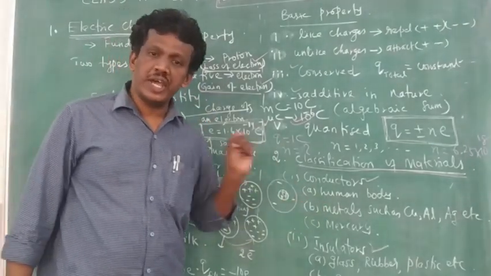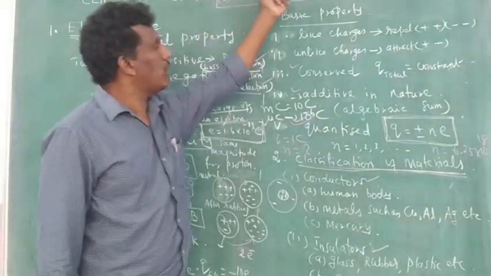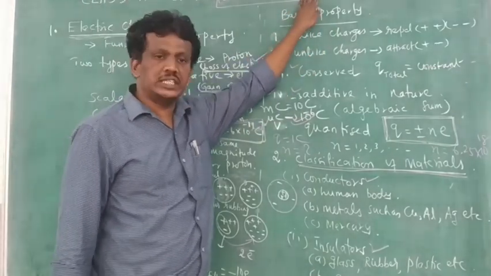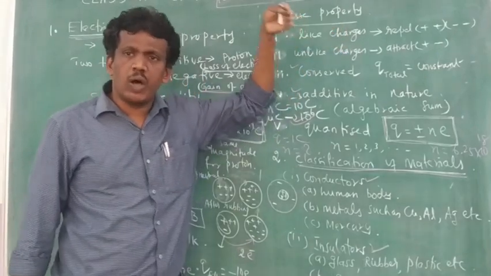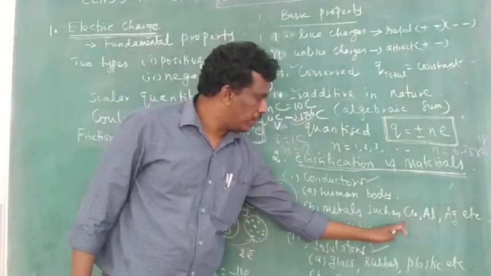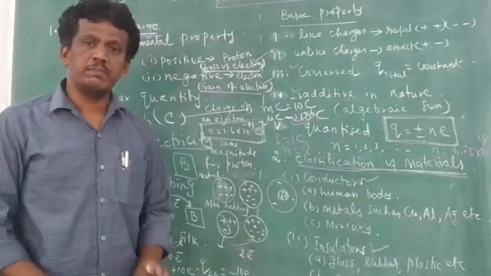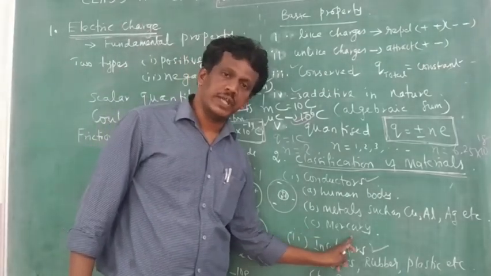Human body is a very good conductor; electrical conduction takes place. Suppose by mistake any insulation is removed, and by mistake if you touch it, you will get an electric shock. What is electric shock? Electric charges flow through our body. Metals, for example, copper, aluminium, silver, all these. I think silver is the best conductor. The third one, mercury, it is a liquid, and it is a very good conductor.